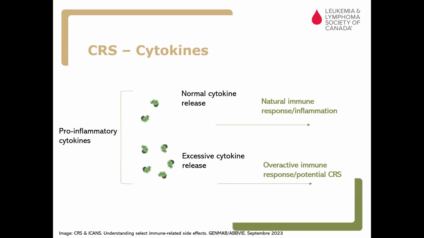Again, as we mentioned before, cytokines are part of the healthy immune system. They are proteins released by the body when a threat or stimuli is detected, such as an infection or tissue damage. Examples of cytokines include interleukins, interferons, and colony-stimulating factors. Cytokines help control the growth and activity of both blood and immune cells.